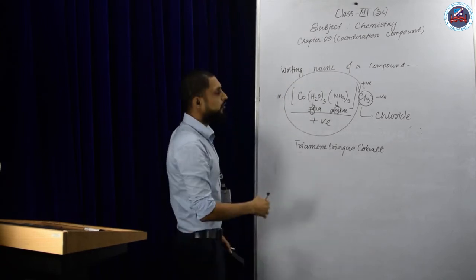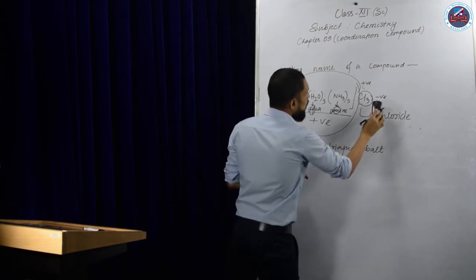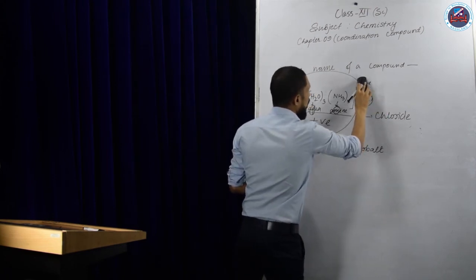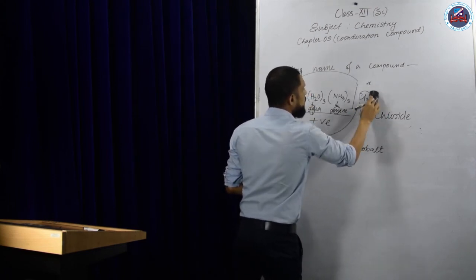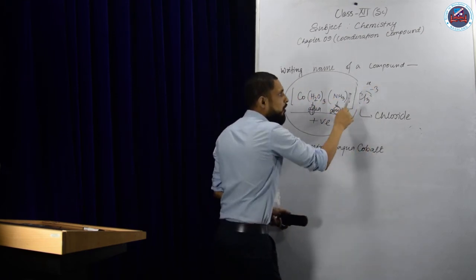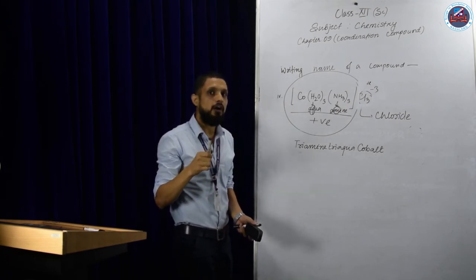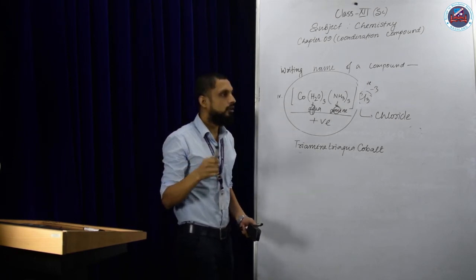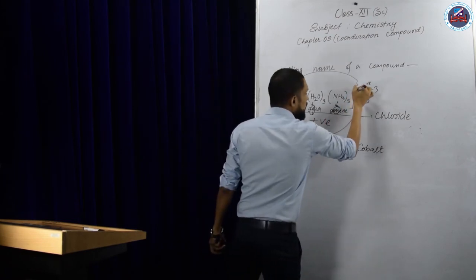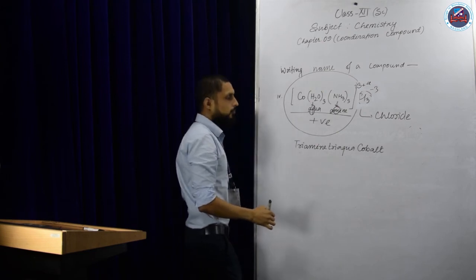After that, you calculate the oxidation number. Now, the total charge of the counter ion here is -3. Because each chloride ion will carry 1 negative charge, so 3 chloride ions will carry 3 negative charge. That means the coordination entity will carry 3 positive charge.